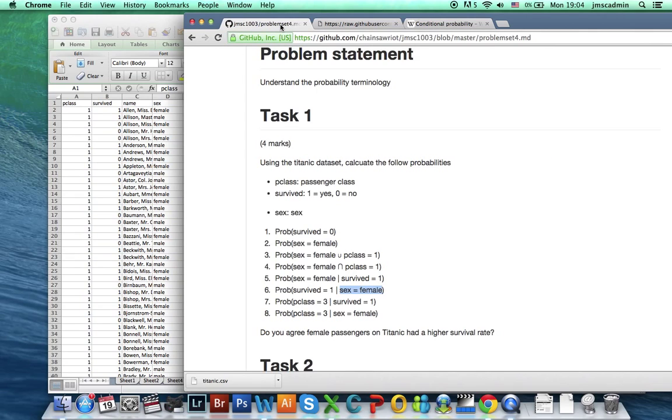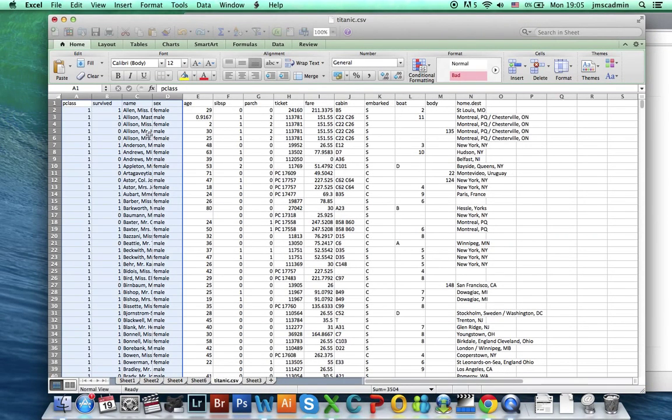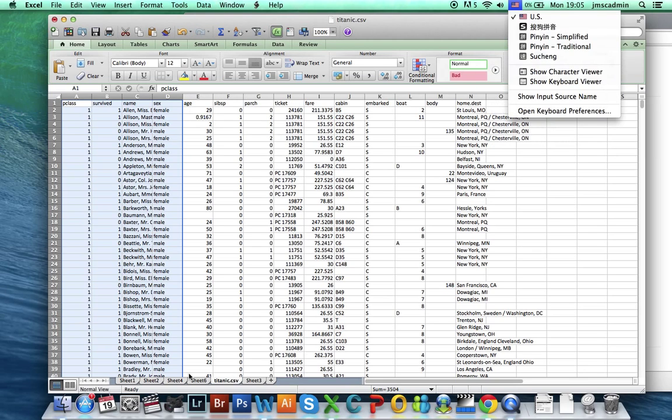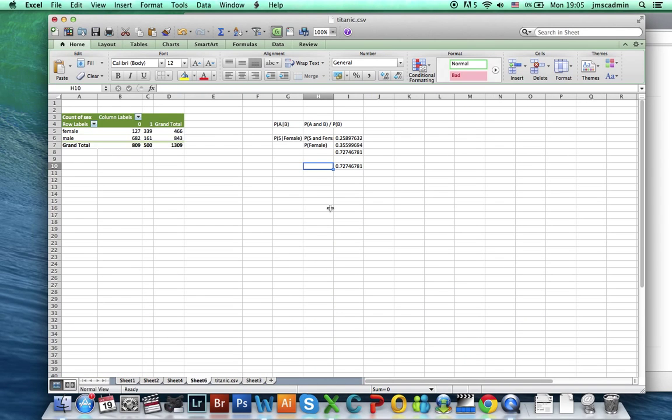And finally, if you know how to do questions 5 and 6, you know how to do 7 and 8. The question asks you, do you agree the female passengers on Titanic have a higher survival rate? If you do the raw calculation of the survival rate among females, we did that here.